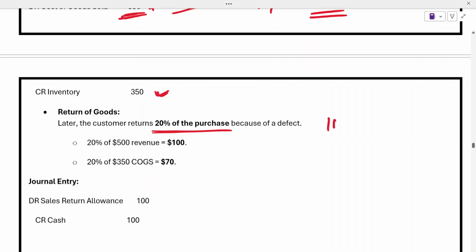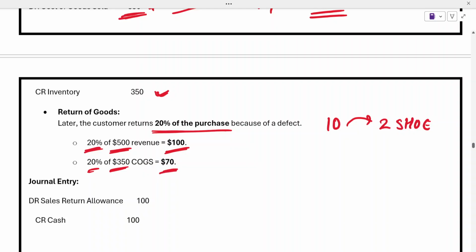So out of those 10 shoes, 2 shoes are returned. 20% of the 500 revenue is $100. Similarly, 20% of this 350 cost is $70.